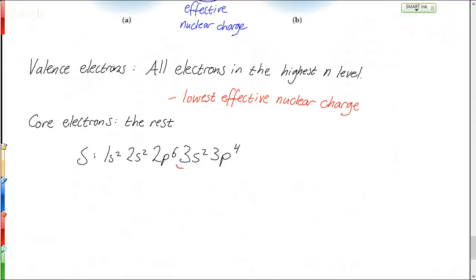So that means that all of the electrons in the n equals 3 level are going to be called the valence electrons. So we'll say that this has 6 valence electrons. And all the rest of the electrons are called the core electrons. So that's 10 core electrons.